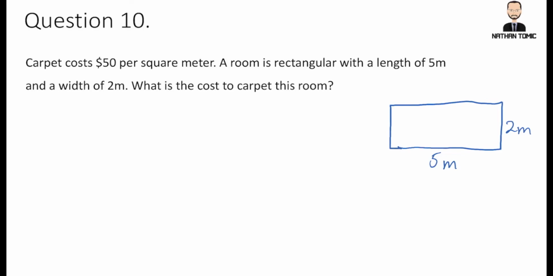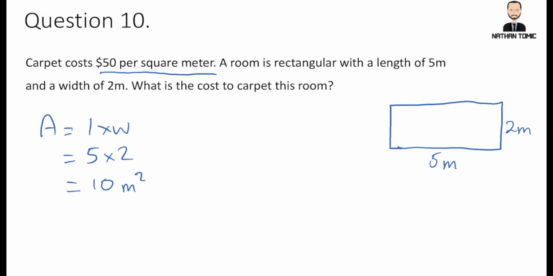So now I can work out the area, which is equal to length times width, which is equal to 5 times 2, which of course is 10, and that is metres squared. So we know the area of that rectangle room now, but what we want to find out is the cost to carpet it. So it says that for every square metre it is $50 up here in the question.